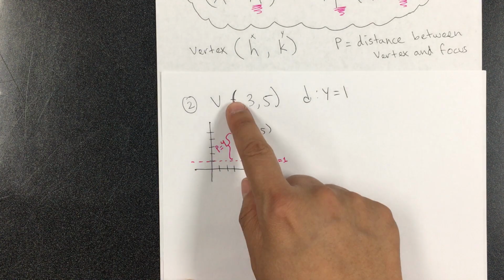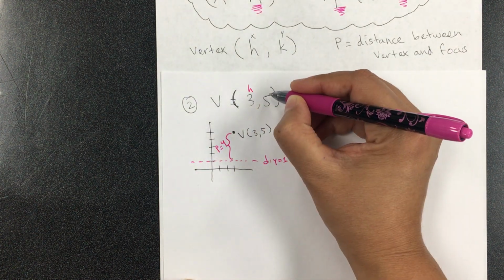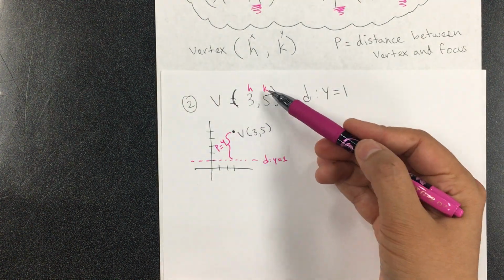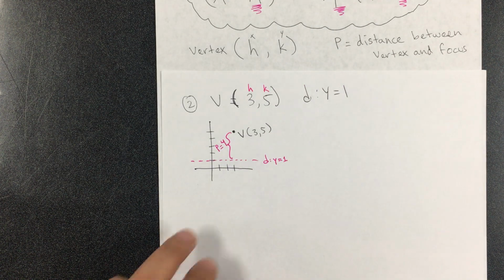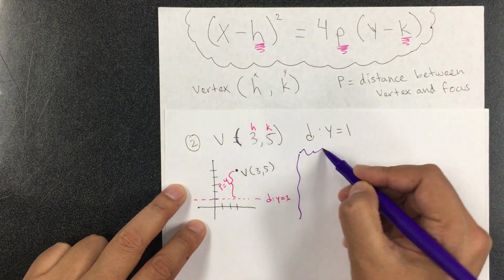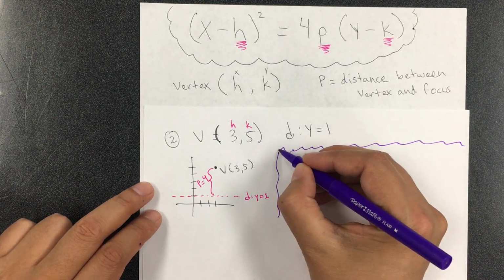So now I have my vertex, x is h, y is k. So now I have h, k, and p, which I can plug into the general formula. Okay, so this one, since they gave us the vertex, we don't have to do much more.